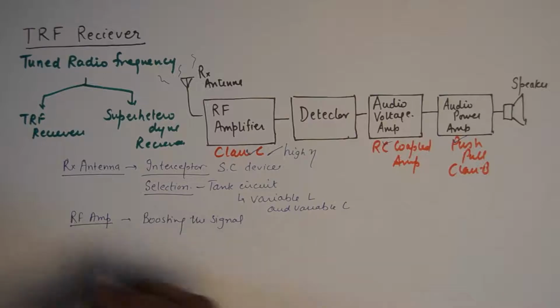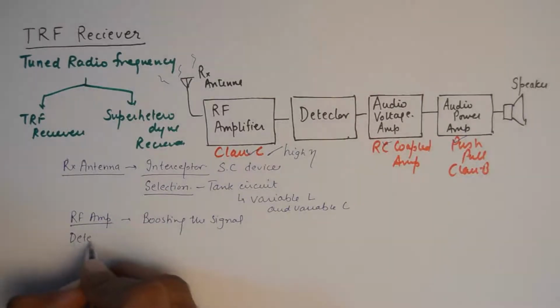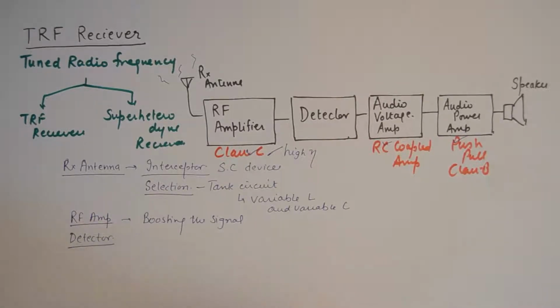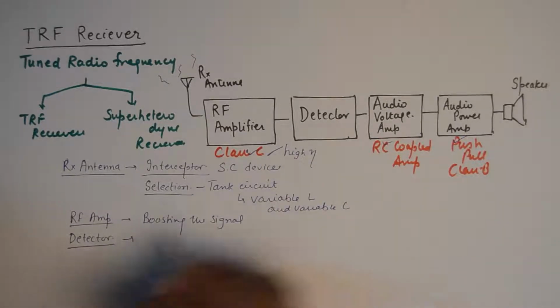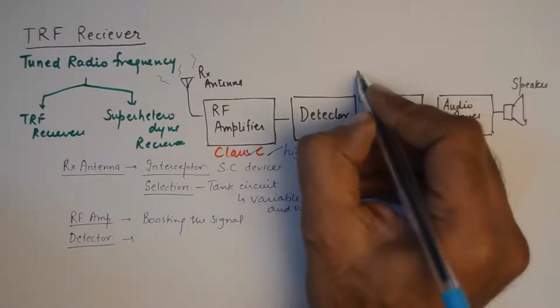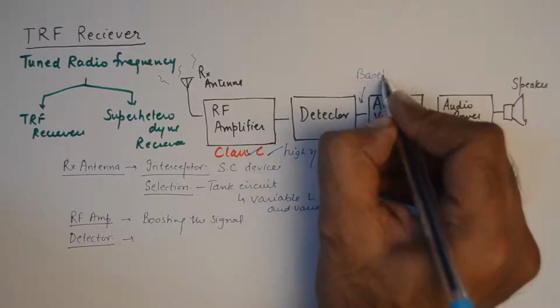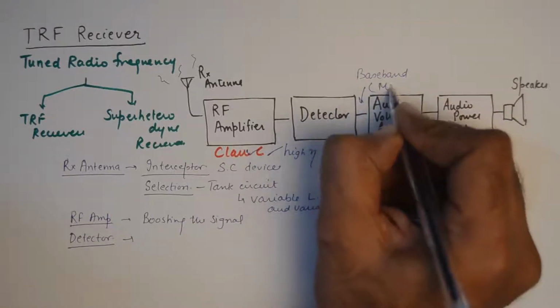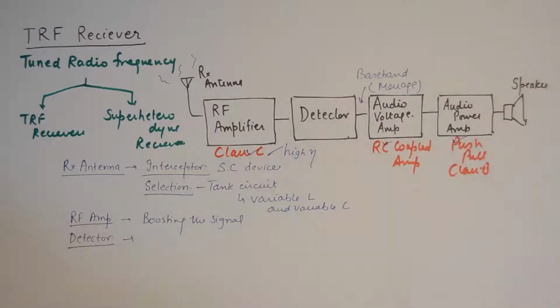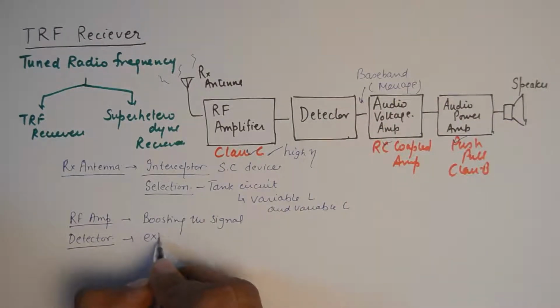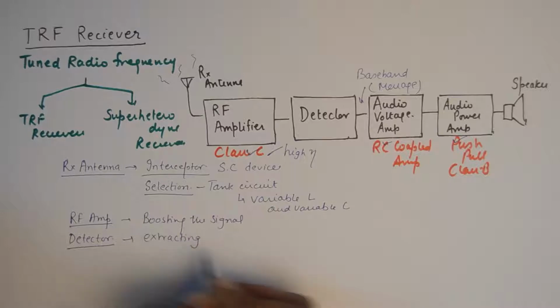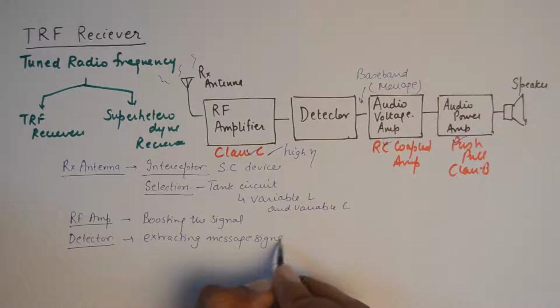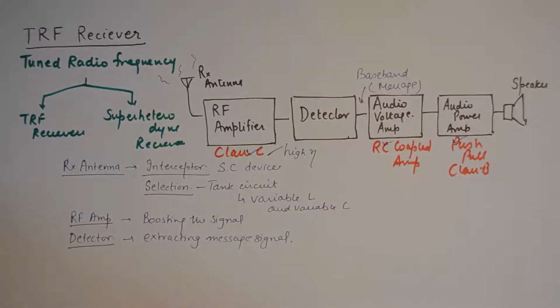The next stage is the detector stage, and this is where the message signal is extracted from the modulated carrier signal. The output of this detector is the baseband signal or the message signal. Remember that the detector does the job of extracting the message signal from the carrier.